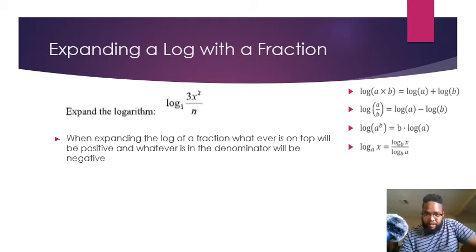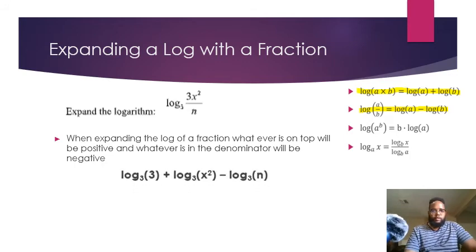This basically utilizes the first two log rules, where multiplying makes you add and dividing makes you subtract. Now, if you're dividing by multiple things, you would just subtract multiple things. Everything in the denominator will become negative. So this gives us log base 3 of 3, plus log base 3 of x squared, minus log base 3 of n.